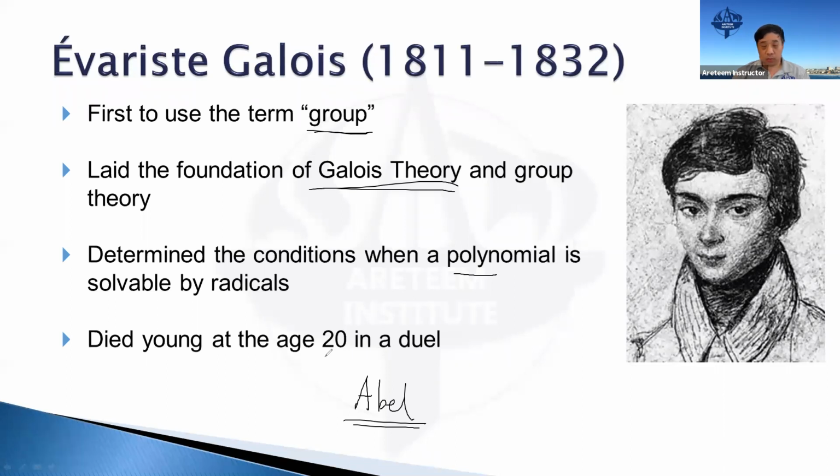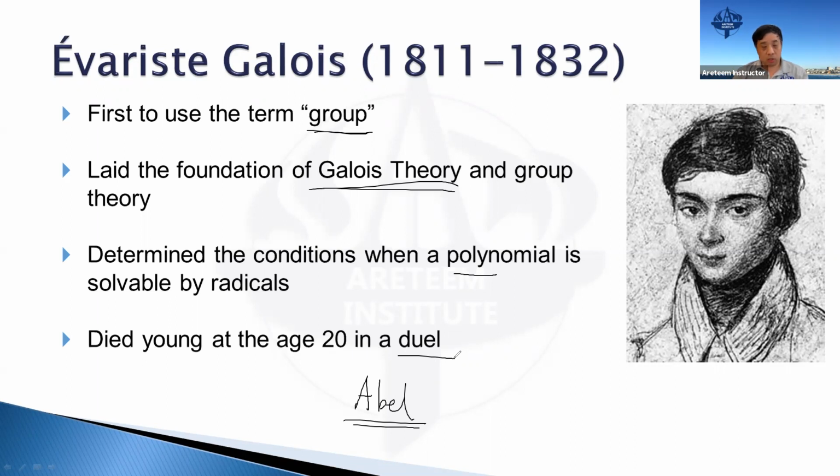And then someone talked him into a duel, and a woman was involved. Exactly what happened, a lot of people have different stories. But anyway, he was in a duel, and he knew that he couldn't win.